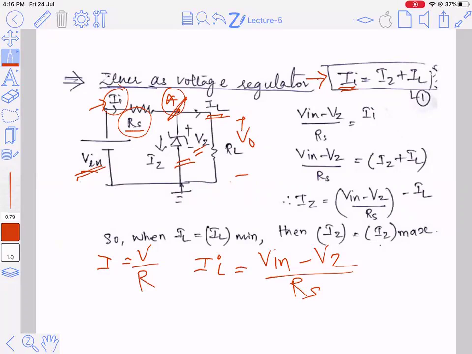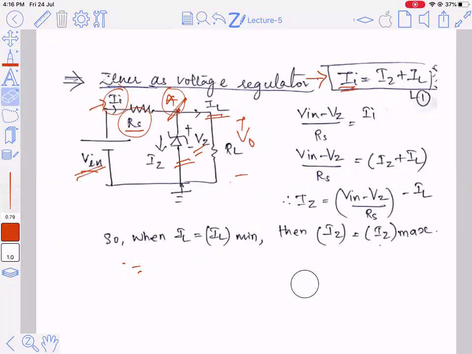So how will I write the next step? Instead of II, you're replacing it by VN minus VZ divided by RS, and that is equal to Iz plus IL.